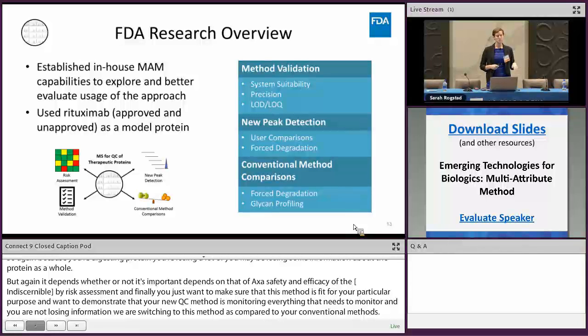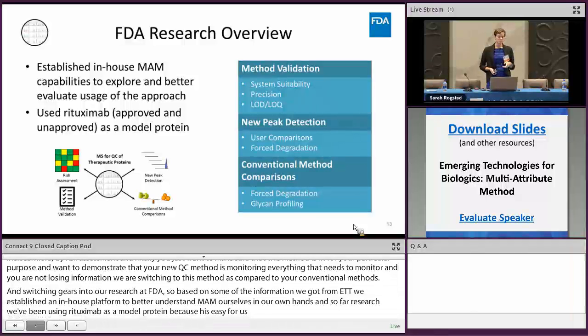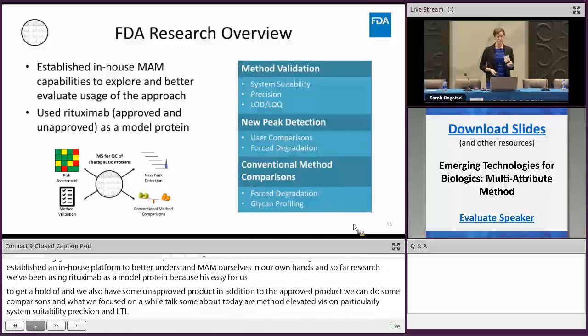We also have some unapproved product in addition to the approved product, so we can do some comparisons. What I'll talk about today are method validation, particularly system suitability, precision, and LOD/LOQ, and new peak detection. Today I'll be focusing on the force degradation, though we've also been doing some user-to-user comparisons. And then the conventional method comparisons focused again on force degradation.